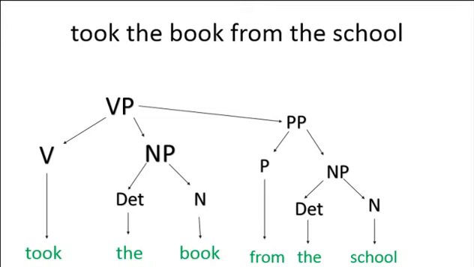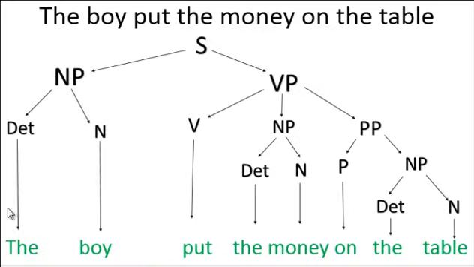And finally, I'm going to show you the last slides, which are going to be complete sentences. The boy put the money on the table. Here we have the sentence. The sentence is complete because the boy is a noun phrase, and it is divided into a verb phrase.